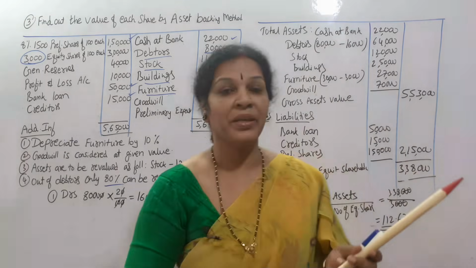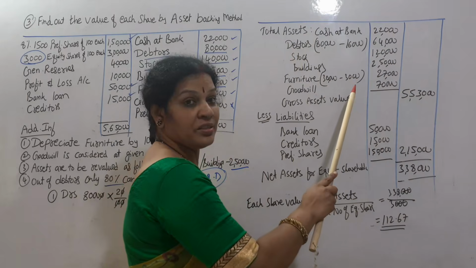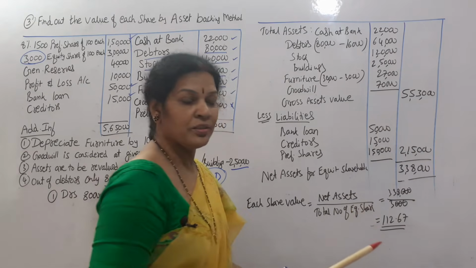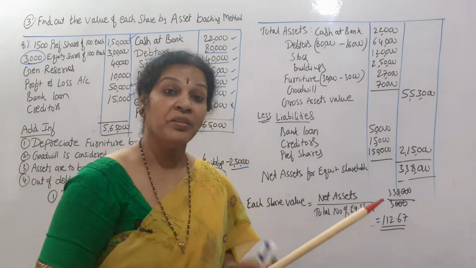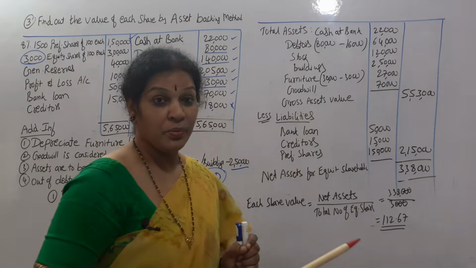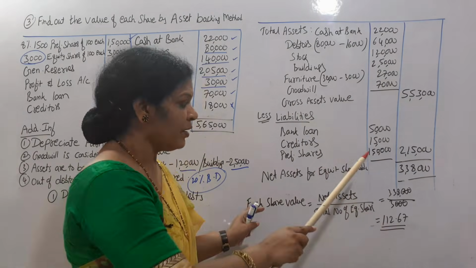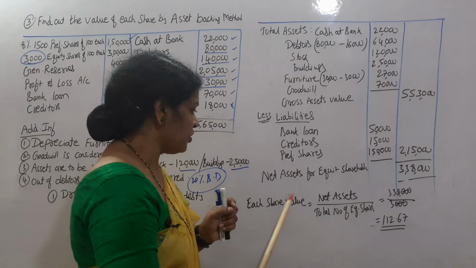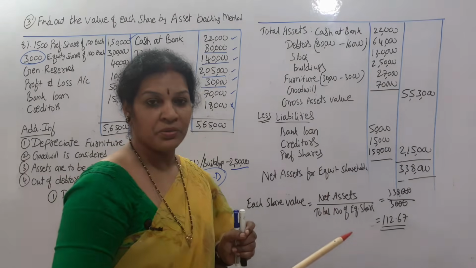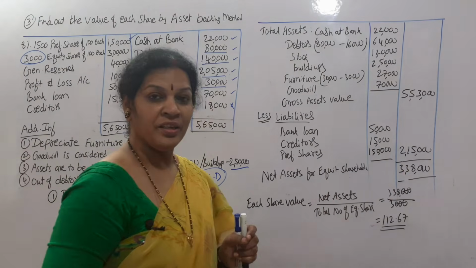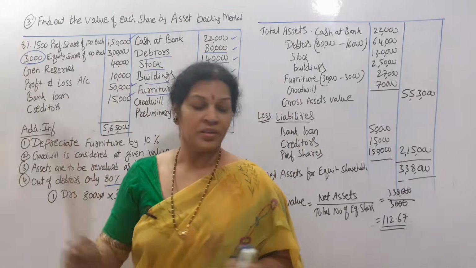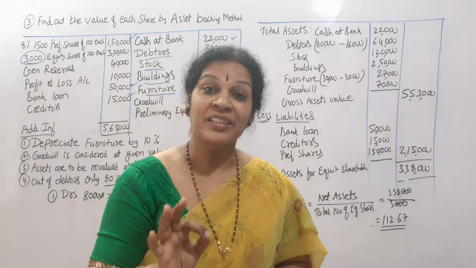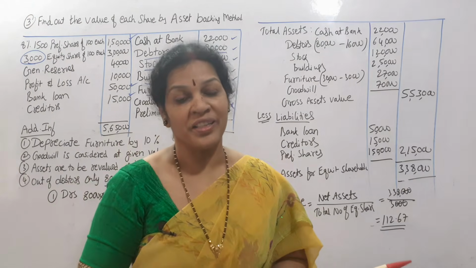When we calculated, gross assets are 5,53,000 minus these liabilities, and you get 3,38,000. This is net assets for equity shareholders. Now, to know each share value, net assets divided by the total number of equity shares. Net assets we got. Equity shares 3,000. If you divide, you get 112.67 as the share value as per the net assets method.